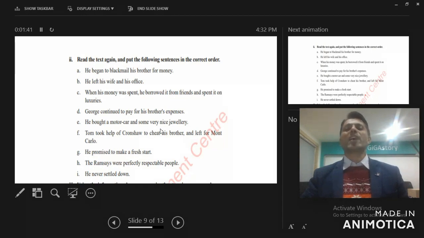You must have the skill to find where the sentence is given. First, underline the sentences in your textbook with your pencil. After underlining them all in the reading text, then you can write the correct order.